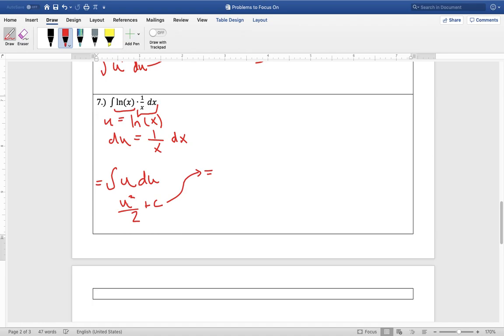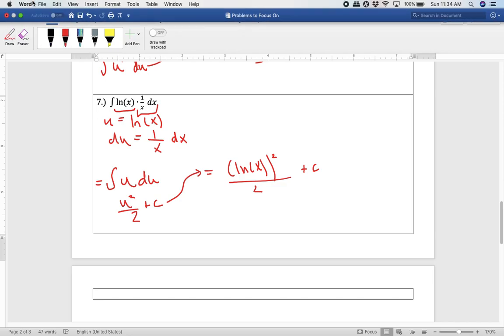And since u was ln of x, this would be ln of x squared all over 2 plus c.